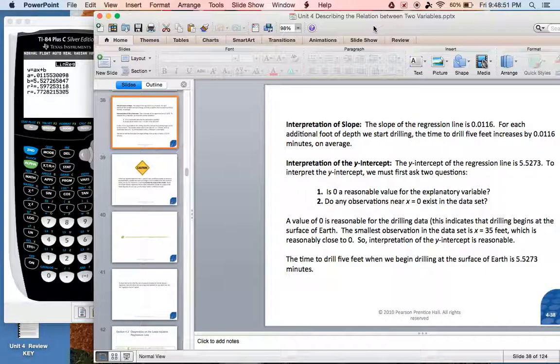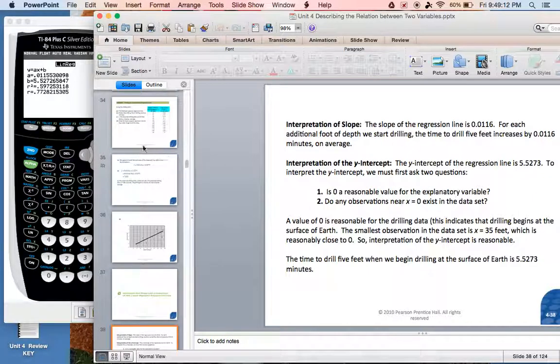The y-intercept is not always appropriate. Sometimes it is and sometimes it's not, depending on what it represents. To interpret the y-intercept, is 0 a reasonable value for the explanatory variable? Do any observations near x equals 0 exist in the data set themselves? Well, our y-intercept is 5.5273.